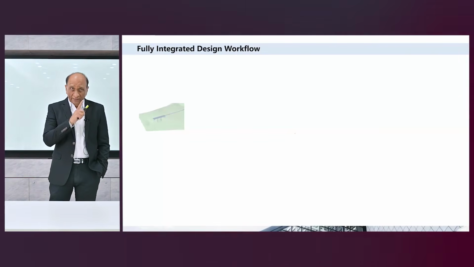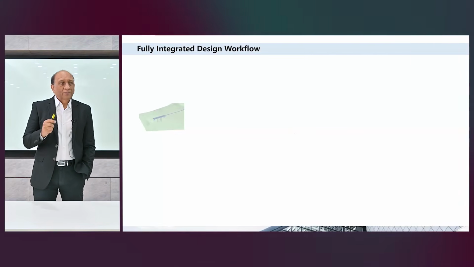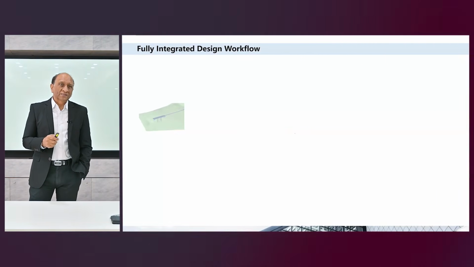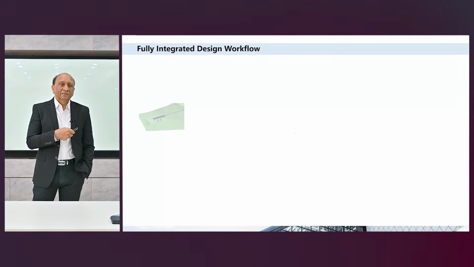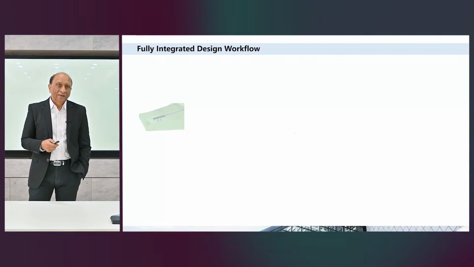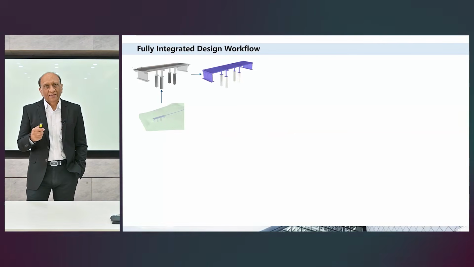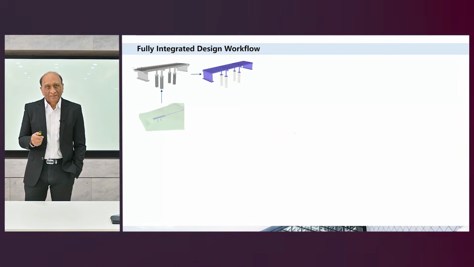So let's go further. If I look at CSiBridge, the bridge project in the CSiBridge program can start from the layout on the terrain, for example, Google Map or something. From that terrain, we build up the bridge, and we will show you how to do that later. From that, we create the finite element mesh automatically.